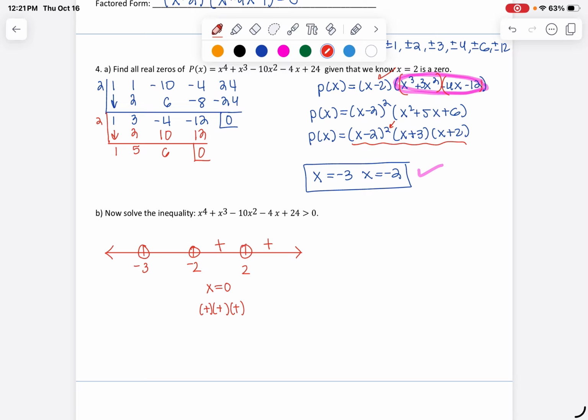As I cross over the -2, that comes from the factor of x plus 2, which is odd, so I'm going to change the sign. And that factor is also odd, so I'll change the sign. So where is it greater than 0? Here, here, and here, which is -infinity to -3 union, -2 to +2 union 2 to infinity.